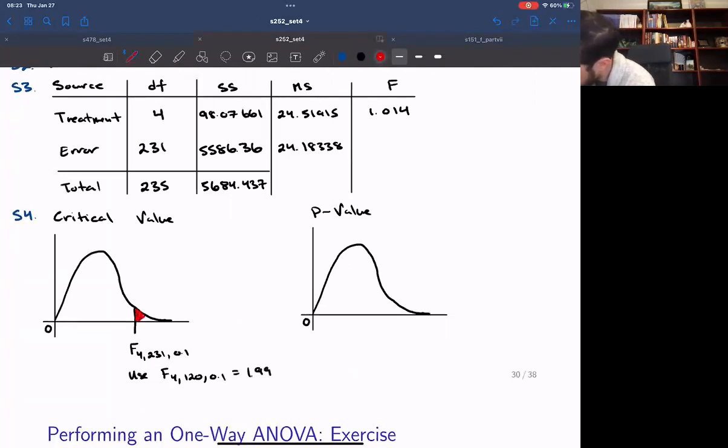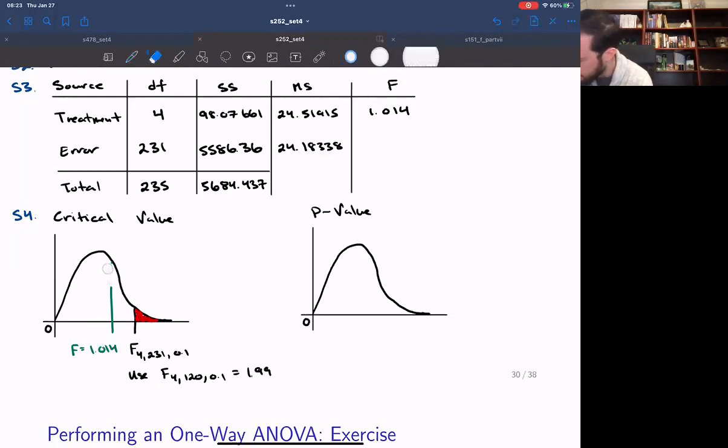And here is our rejection region. And then clearly our test statistic is not going to get inside this area. So let's say the test statistic is about here. So we have F equals 1.014. I don't really need to draw the line all the way down.